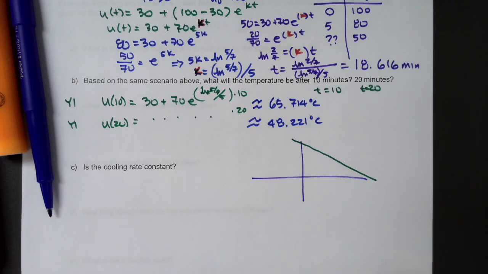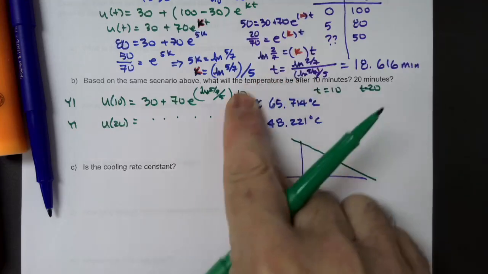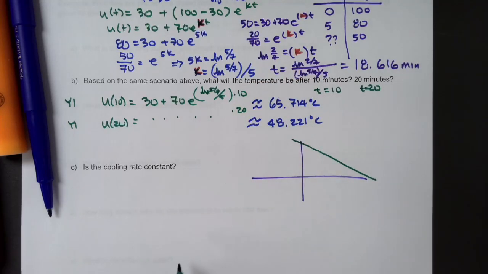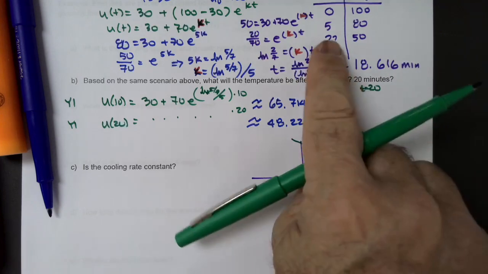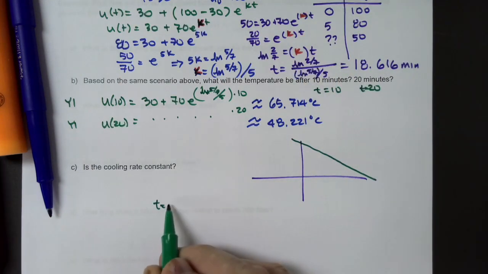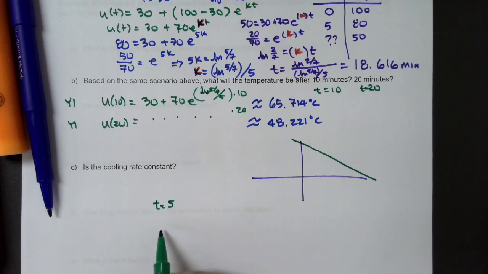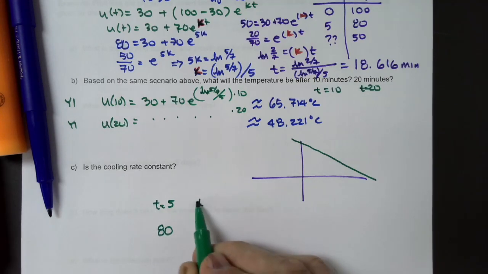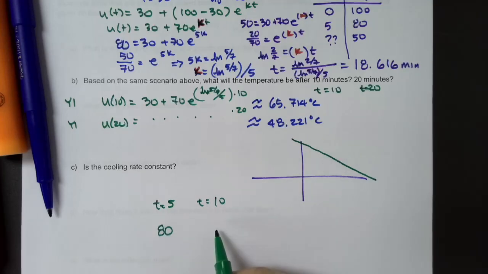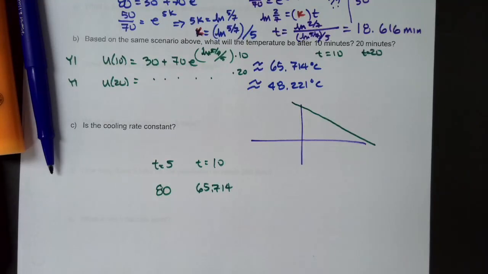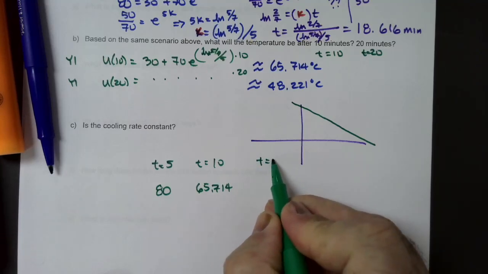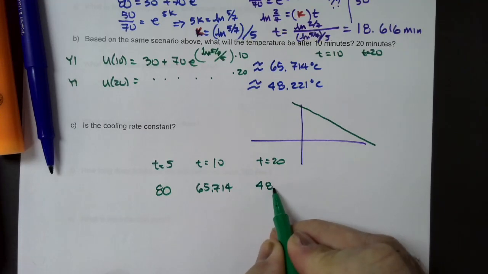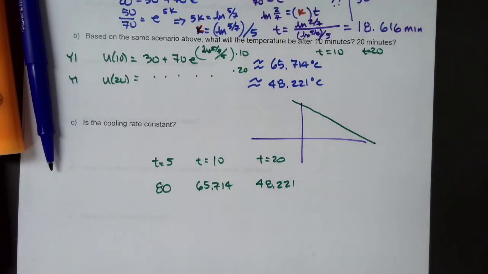If you look at what we just calculated here, at t equaled 5, we were at 80 degrees. At t equaled 10, we dropped to 65.714 degrees. And then when t was 20, we're down at 48.221. So let's compare here.